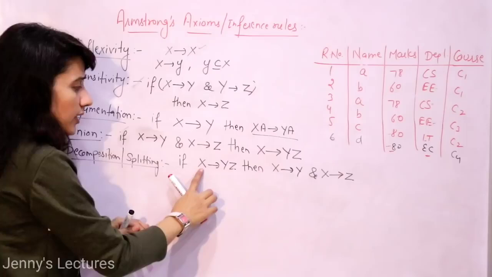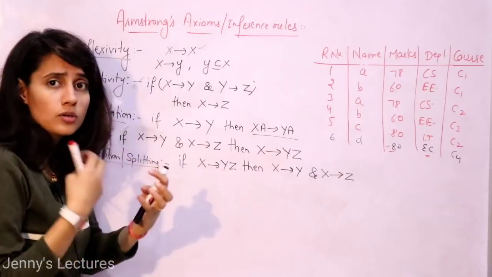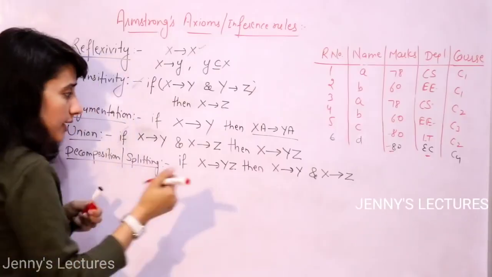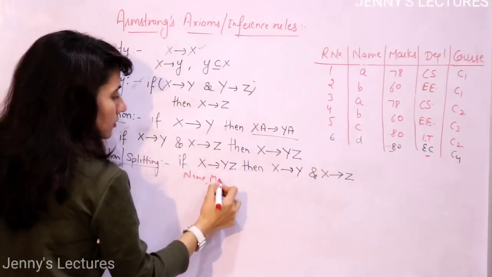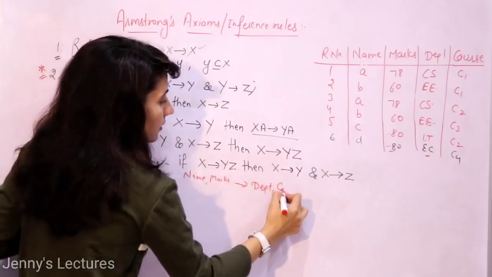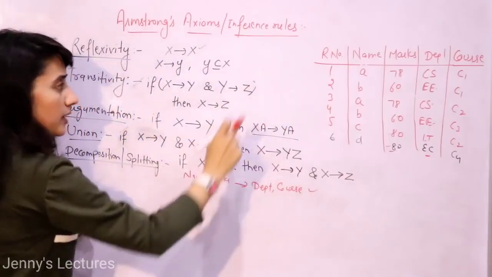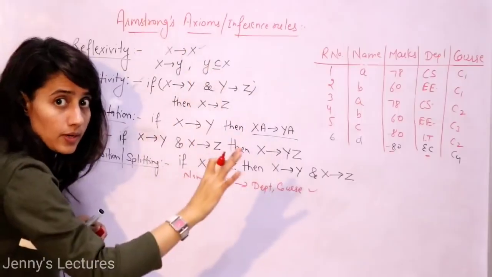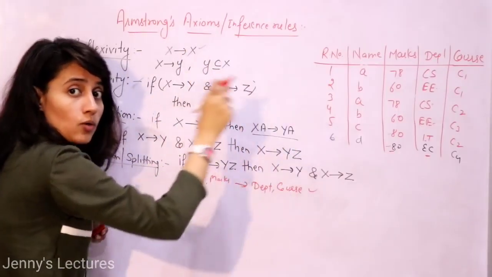And here it's not like x is a single attribute. These x, y, z are sets of attributes. Let us take this example. Suppose I am taking name and marks determining department and course. Suppose this functional dependency exists in this table. Now using this rule, without checking the table, what can you write?